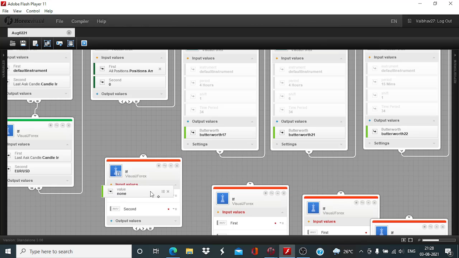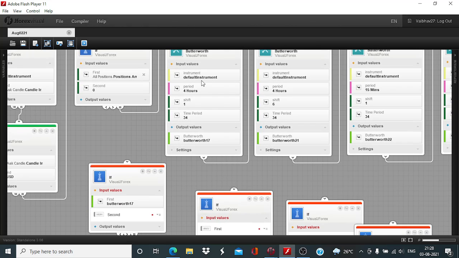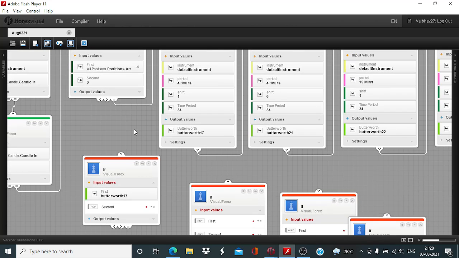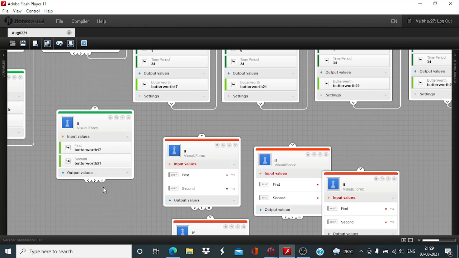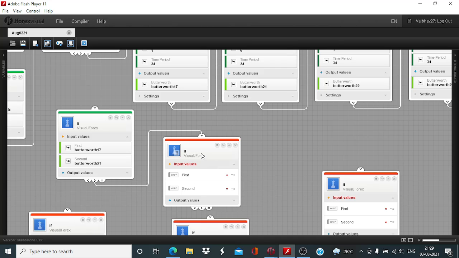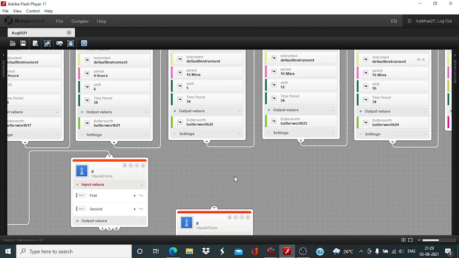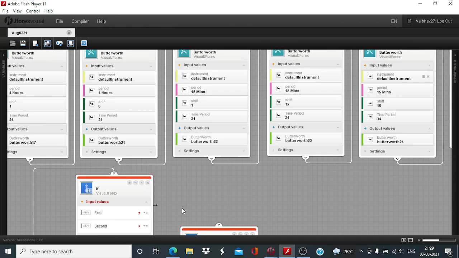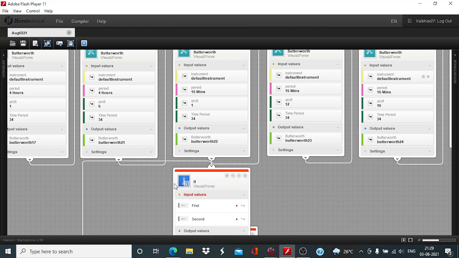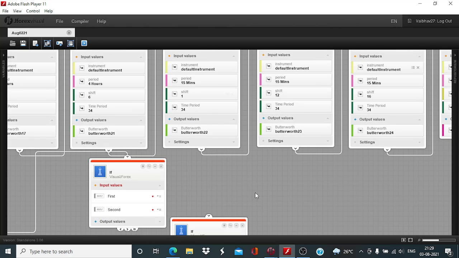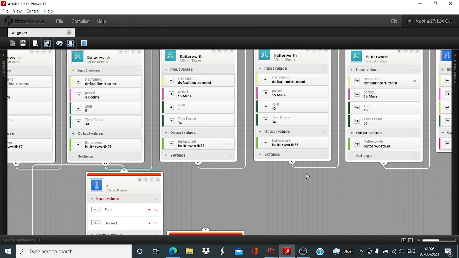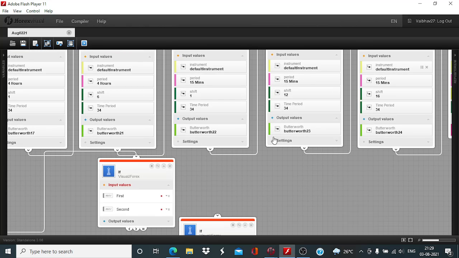Butterworth 17, which is the output for the last 4-hourly candle, should be greater compared to Butterworth 21. First input greater than second input. With the 4-hourly conditions in place, we shift our focus to the 15-minute candle period. Here, we will need the Butterworth 22nd to be higher than Butterworth 23rd.